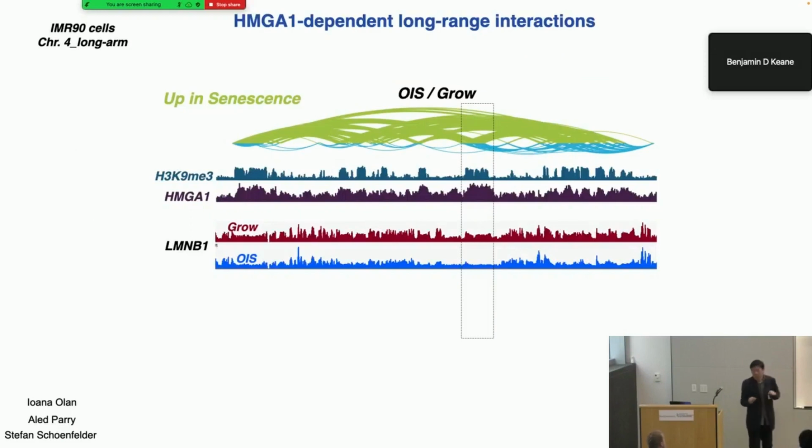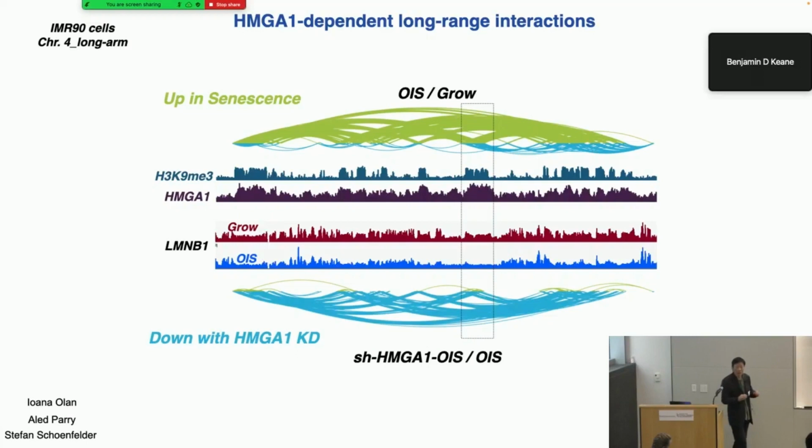So this is the Hi-C data. If you look at the canine translation and HMG-A1, there is a reasonably good correlation at this resolution. And then green is increased long-range interaction from canine to canine or HMG-A to HMG-A. And when you knock down HMG-A1, it's largely disrupted.